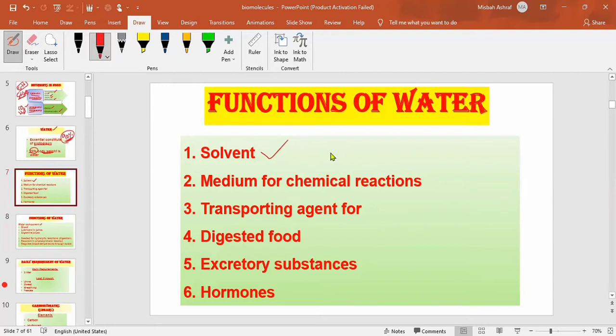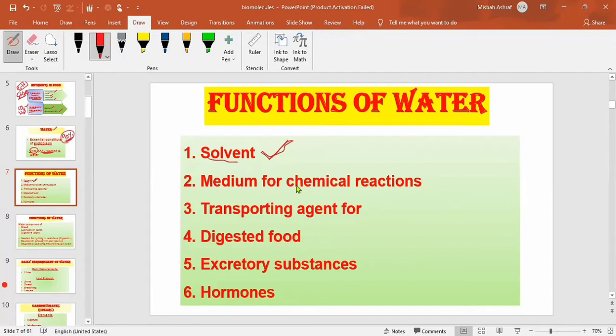If one of them is organic and the other is inorganic, then they will not dissolve, or their solubility will be very less. So this is the universal solvent; it dissolves almost everything, or most of the substances are dissolved in it. That's why it's called the universal solvent.